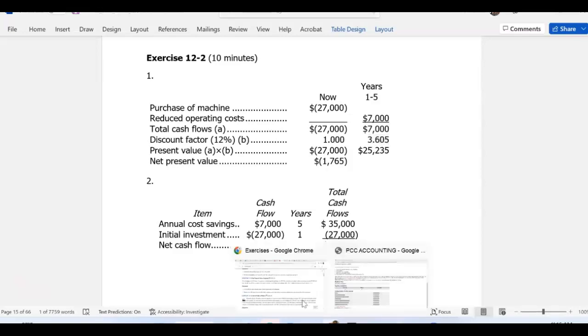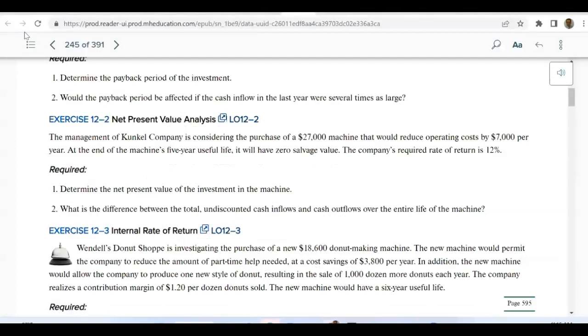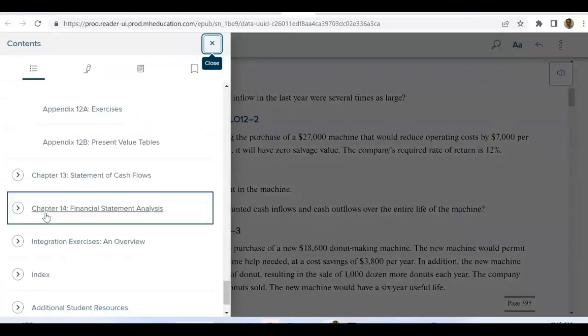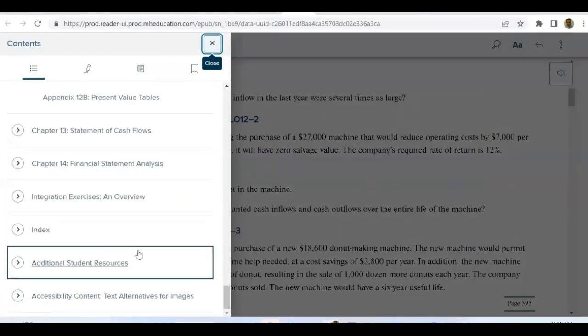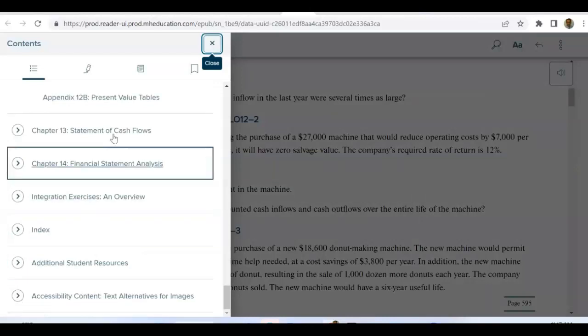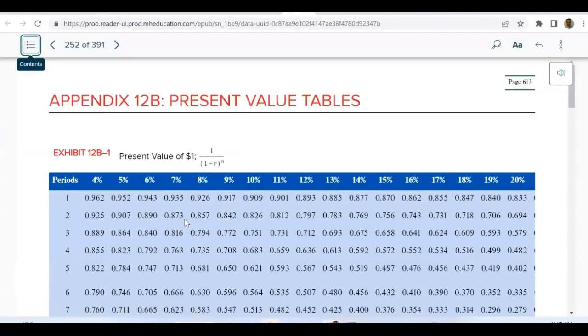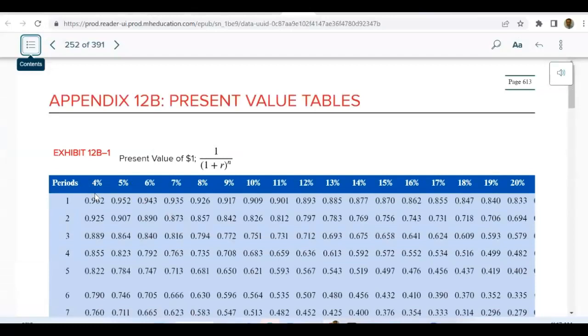Where is that 3.605 factor coming from? I'm going to show you right now. Here we go. So you go to your book, or just Google it, doesn't matter. You find the present value tables, okay? And then go to present value of $1 one time.